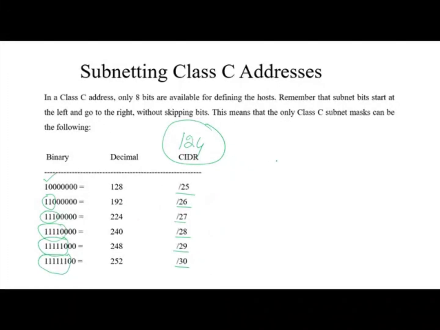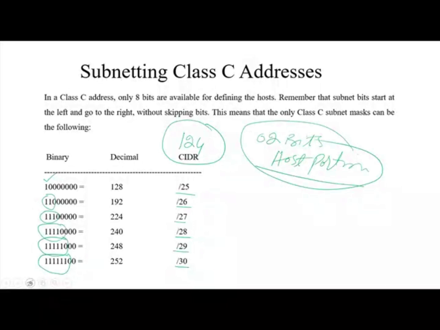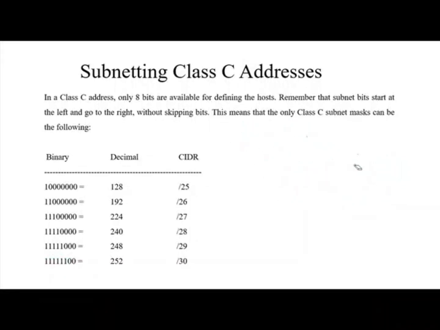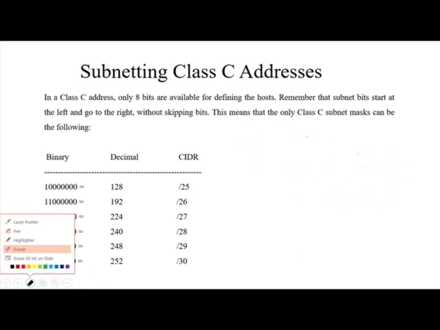However, we need to keep the last 2 bits for the host portion, because these 2 bits will be for the host. You can subnet in class C because it's easy to start from class C, rather than starting directly from class A or class B.